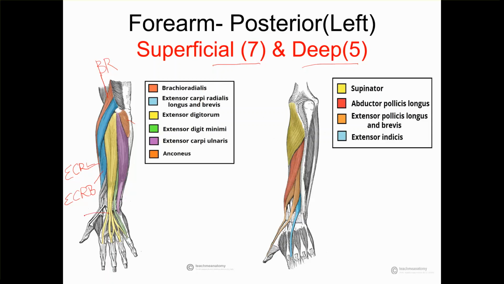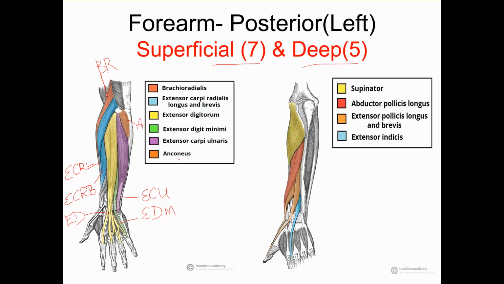So it's going to the digits. The next is extensor digiti minimi, going to the little finger. And then extensor carpi ulnaris. And then there's a very short muscle which is called anconeus.